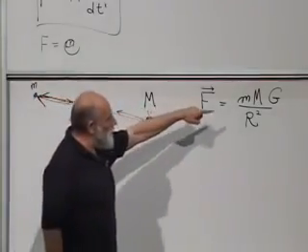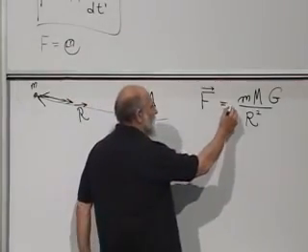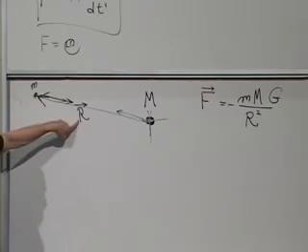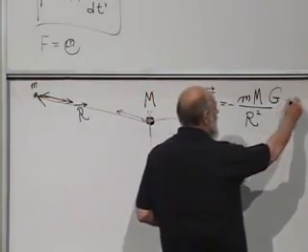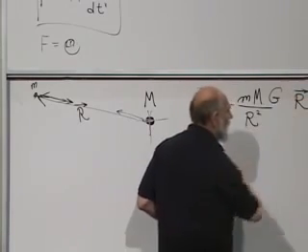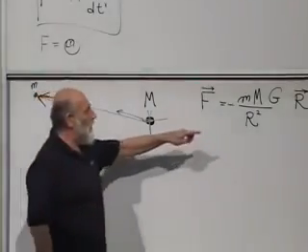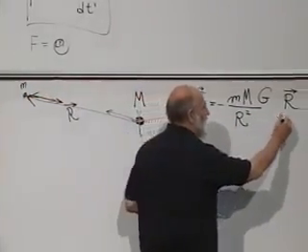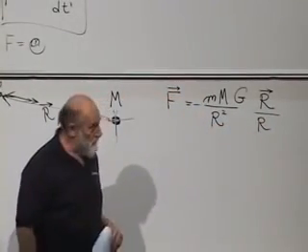If we want to make a real vector equation out of this, we first of all have to put a minus sign. That indicates that the force is opposite to the direction of the radial distance here. But we also have to put something in which tells us what direction the force is in. It's along the radial direction. But wait a minute, if I multiply it by r up here, I had better divide it by another factor of r downstairs to keep the magnitude unchanged.